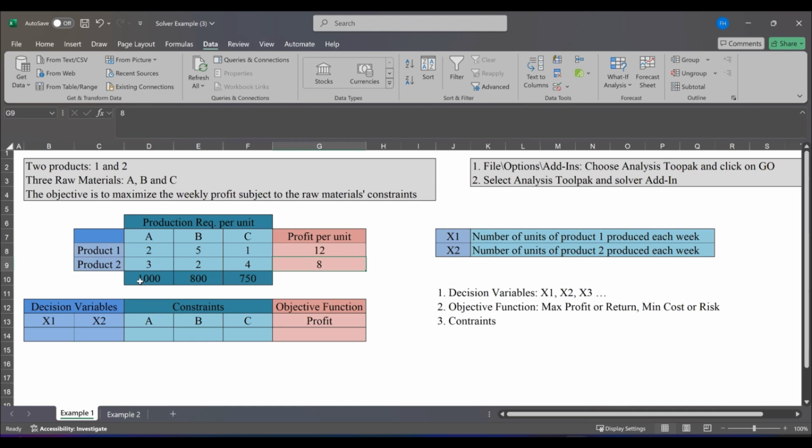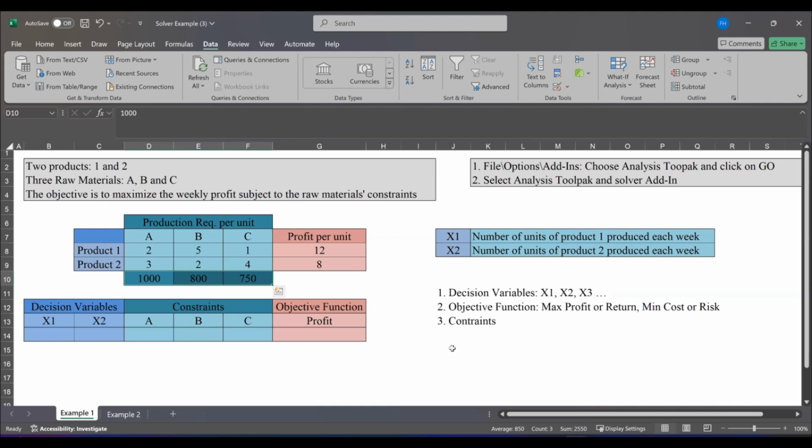So here, mainly, if I didn't have those limitations or those constraints regarding the availability of raw materials or input, my answer is going to be infinity. Like I should produce an unlimited number of product one and product two. And in this case, my weekly profit would be also unlimited.